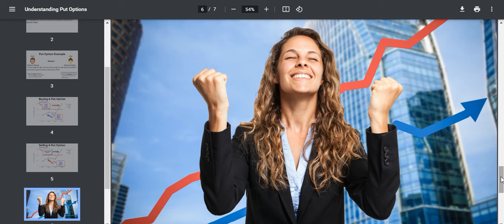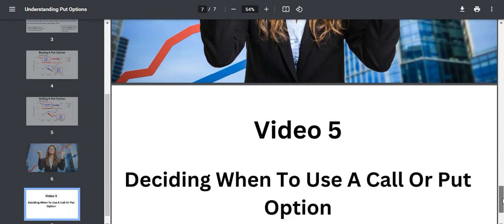And there's all sorts of different things you can do with it. But once you understand the basics, the whole concept of options becomes easier, and how to make money with them becomes clearer. So we're really starting to motor on now.